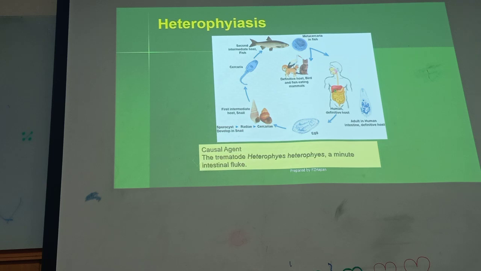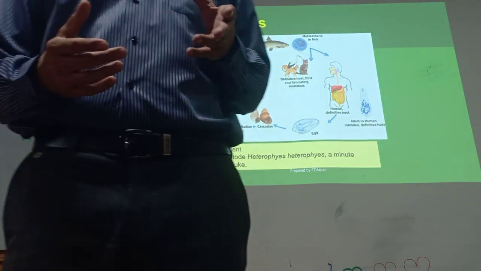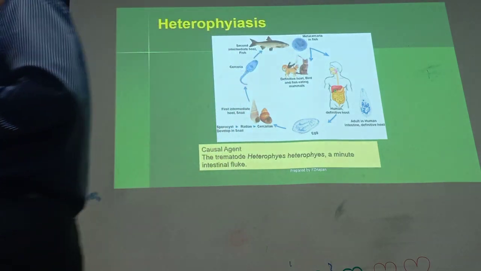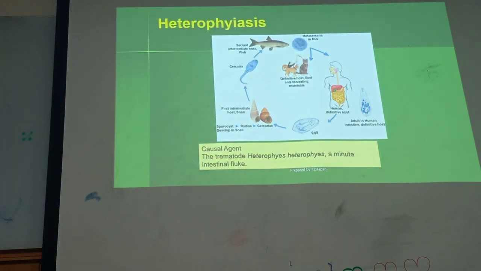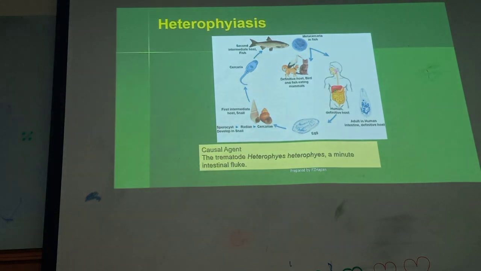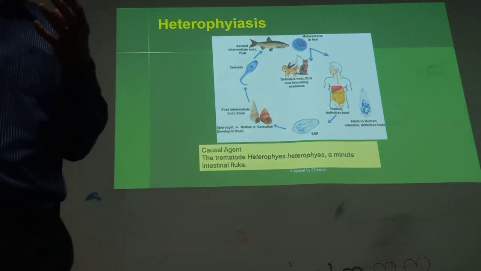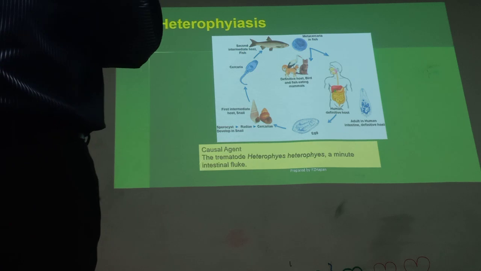The eggs are very small, nearly 20 microns, some below 15 microns. So how can we find them if we are not well informed and not experienced enough microscopically?